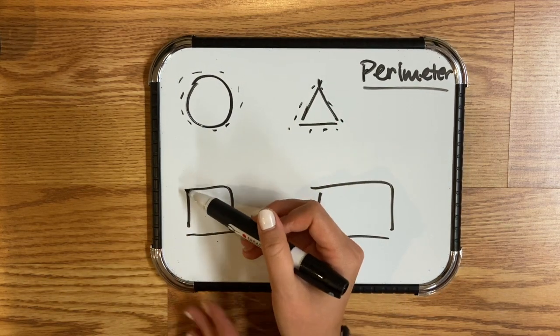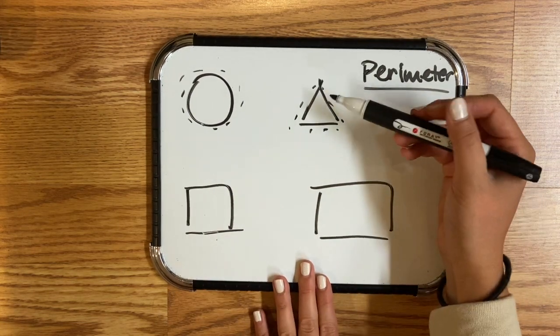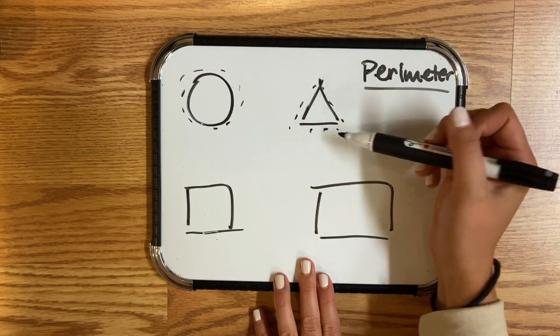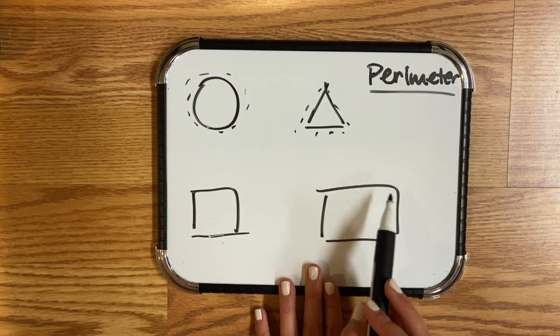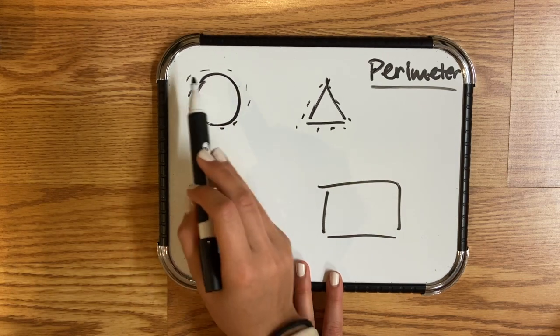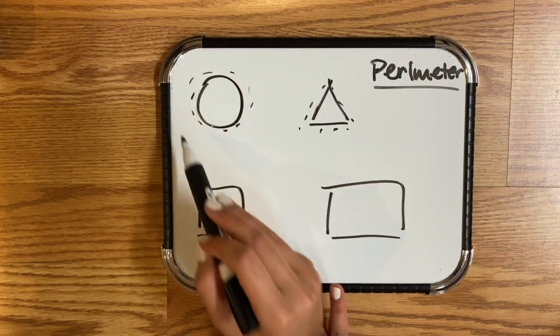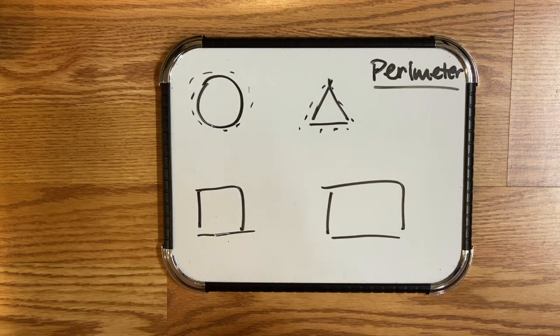So for the square, it's this side plus this side plus this side plus this side. For the triangle, it's this side plus this side plus this side. For the rectangle, it's this side plus this side plus this side plus this side. And for the circle, it's a little bit different. You have to actually figure out the measurement of the whole line that forms the circle.